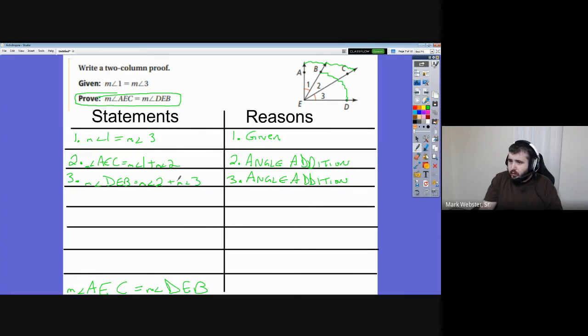So what if I just added the measure of angle 2 to both sides? What if I use the addition property of equality? And from our step number 1, I just added angle 2 to both sides.